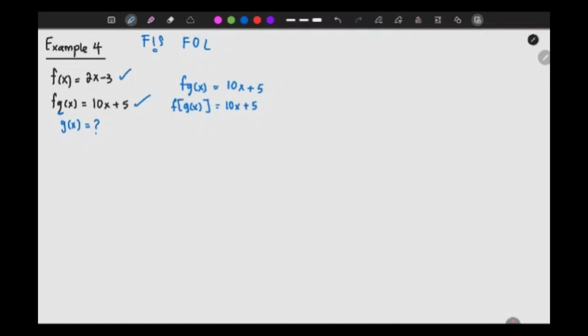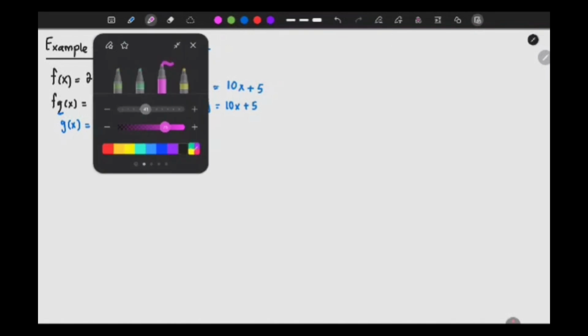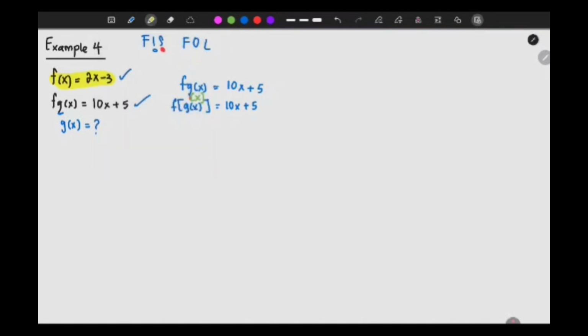And I did tell you whatever inside the bracket is assumed like an x. So this is like your f(x). And what is your f(x)? 2x minus 3. So 2x minus 3 equals 10x plus 5. And what is your x? g(x). This time it is g(x). So replace your x with g(x).